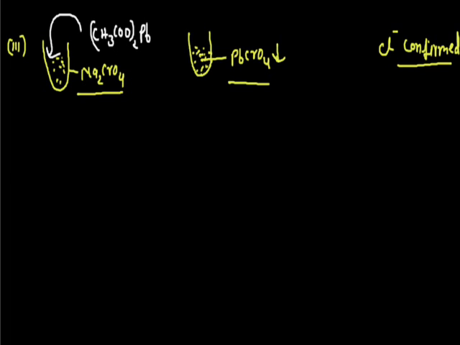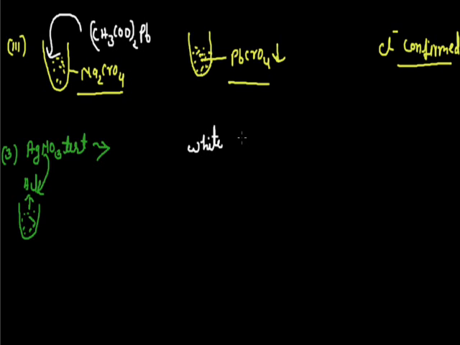Now we are performing the third confirmation test, called the silver nitrate test, AgNO3 test. In the silver nitrate test, to the test tube which is evolving HCl gas, we are adding silver nitrate solution, and after the reaction we get a white precipitate of silver chloride, AgCl.